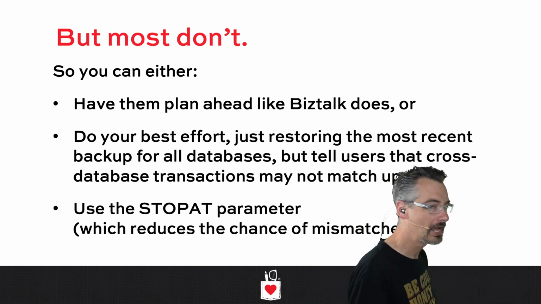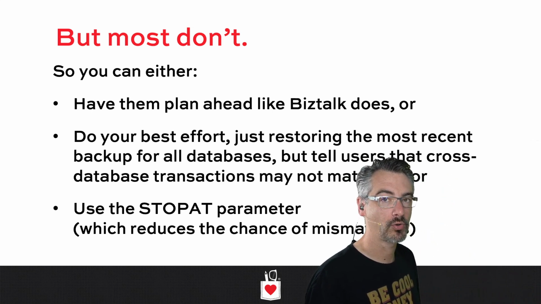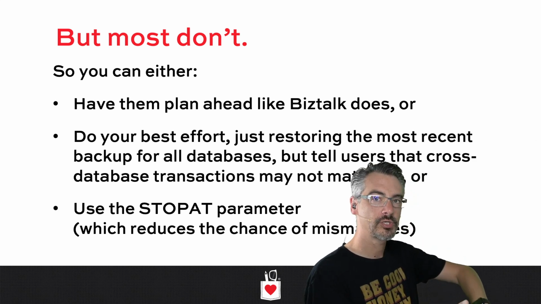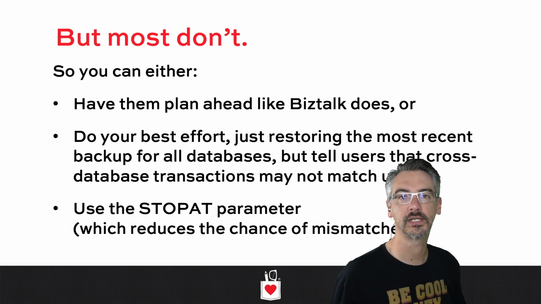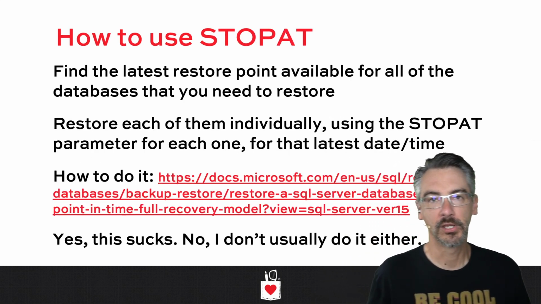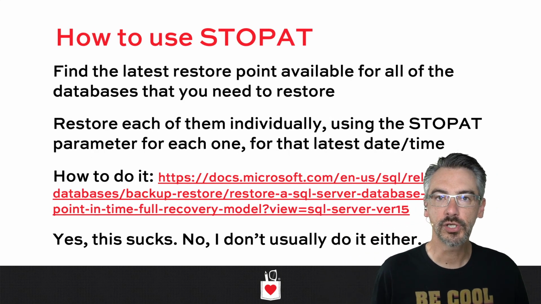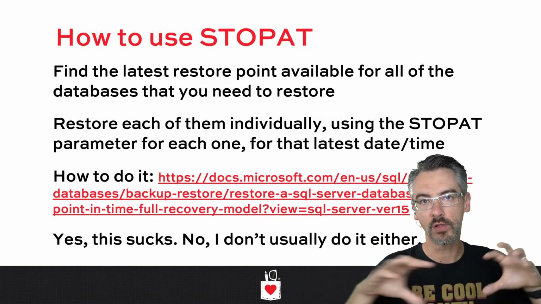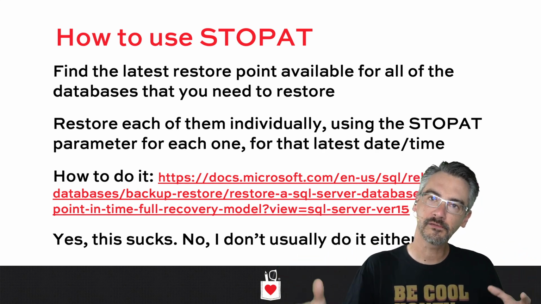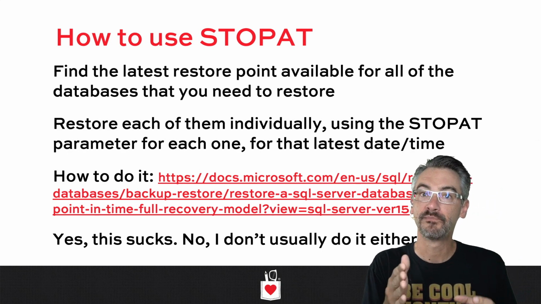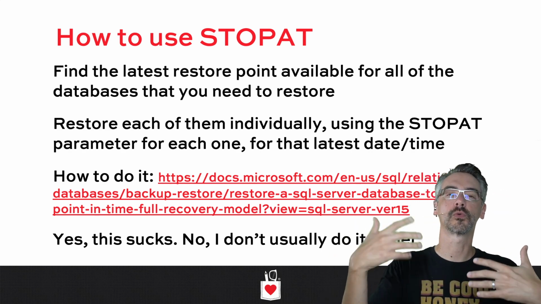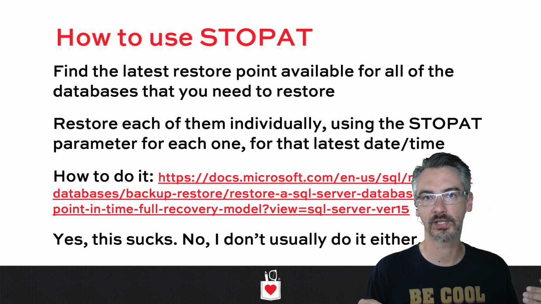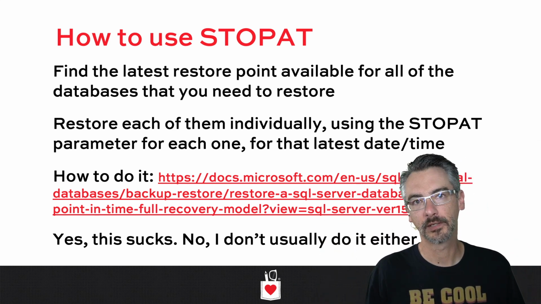Or number three, I can use the STOP AT parameter, which says when I'm doing restores, stop all the databases at this specific date and time. In order to do that, I would have to go through, make an inventory of all my databases, and find the oldest available restore point for each of my databases, and then find the weak link.